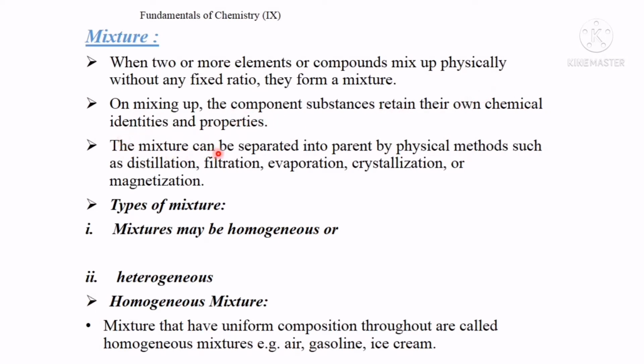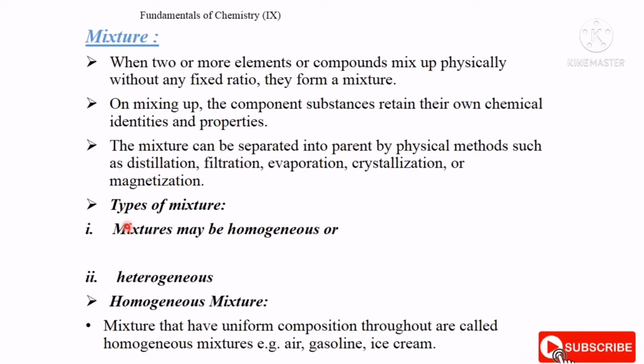The mixture can be separated by physical methods such as distillation, filtration, evaporation, crystallization, or magnetization. These are the methods we can use to separate the mixture into its parent components.